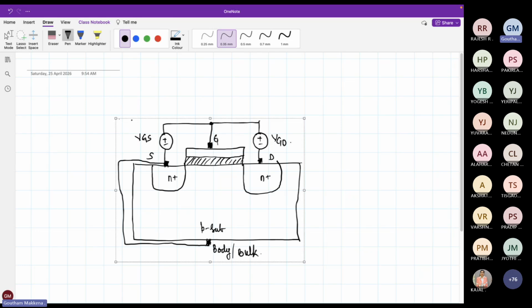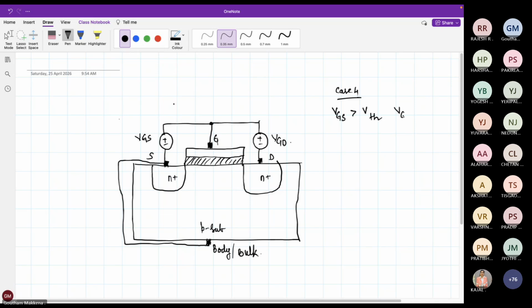So what is going to be my case 4? I am saying VGS is greater than VTH, but VGD is less than VTH. Will there be a channel?